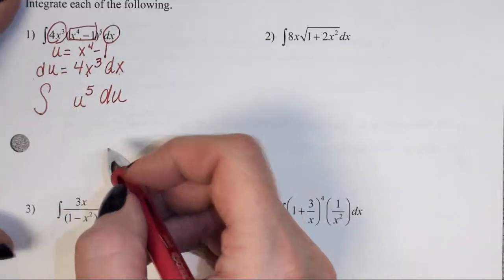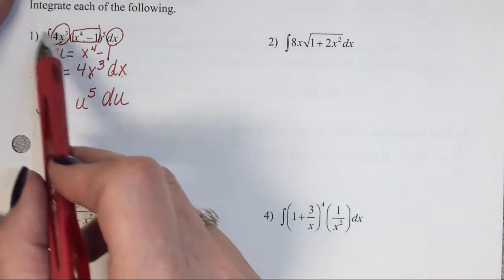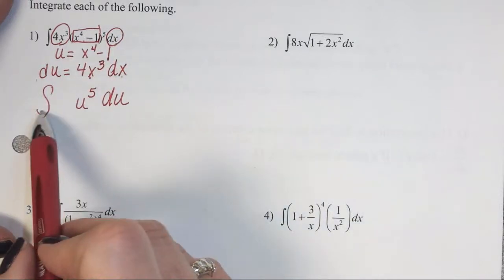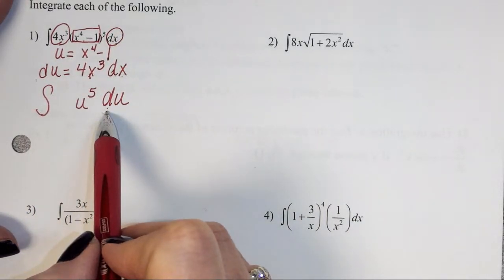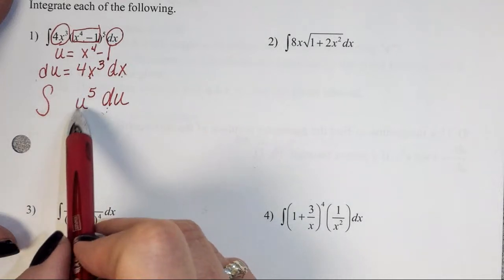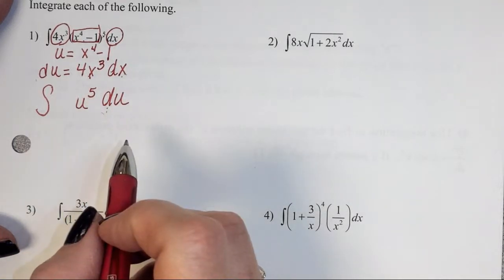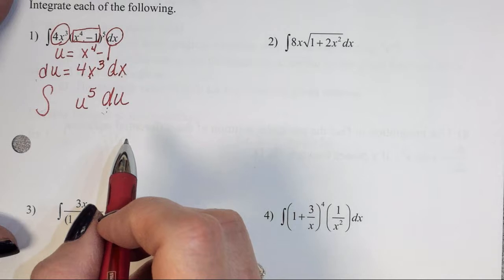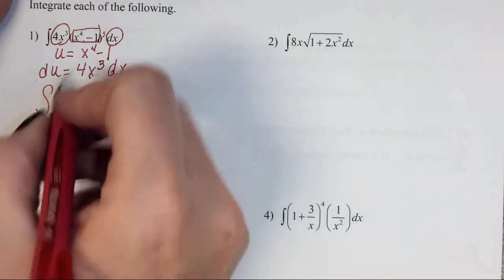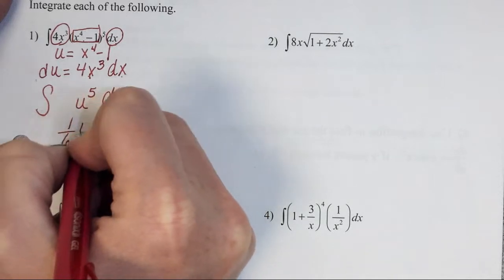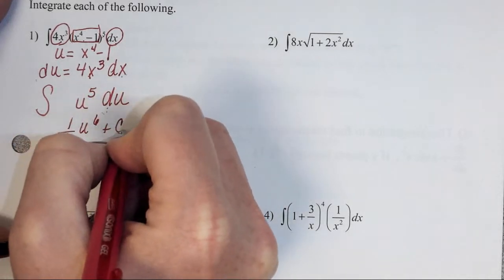What should happen if we've done this correctly is we should have a complicated problem that now is an easy problem. This is pretty easy to integrate, isn't it? What's the integral of u to the fifth? The integral, not the derivative, the integral. Right, 1/6 u to the sixth plus c.